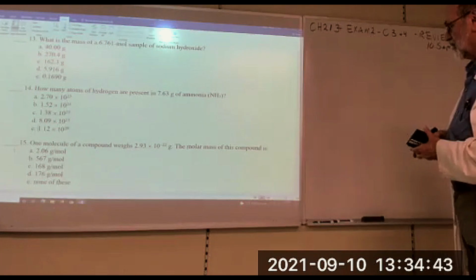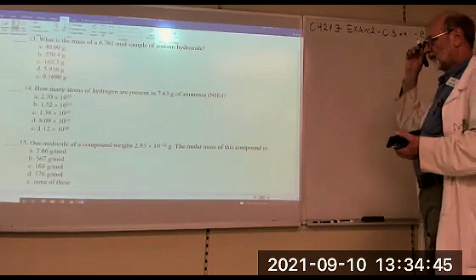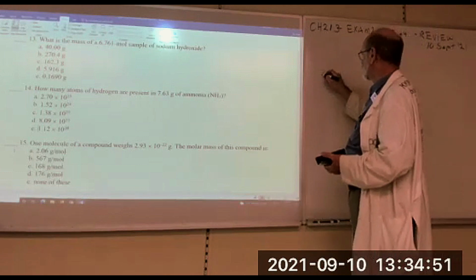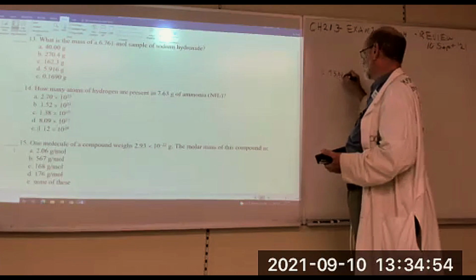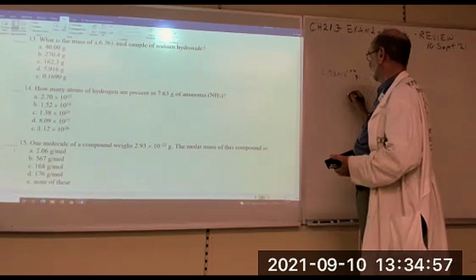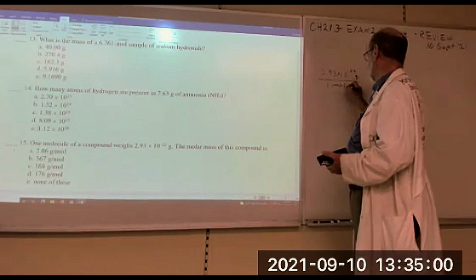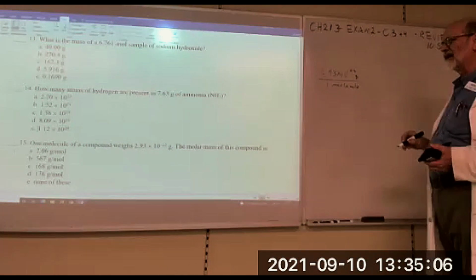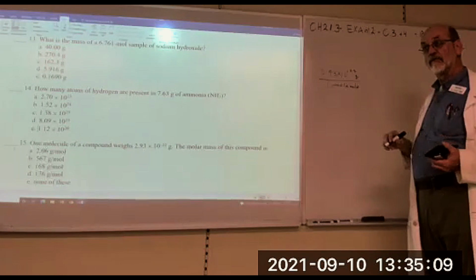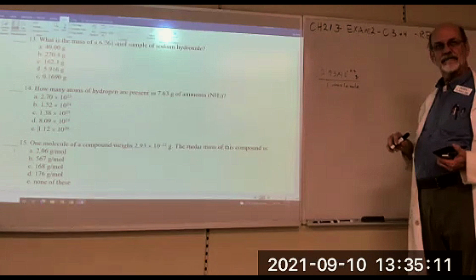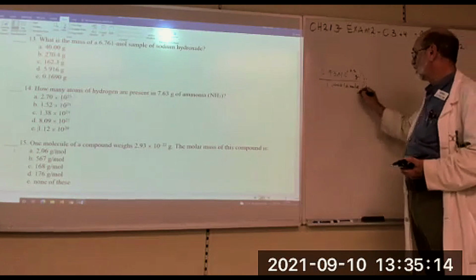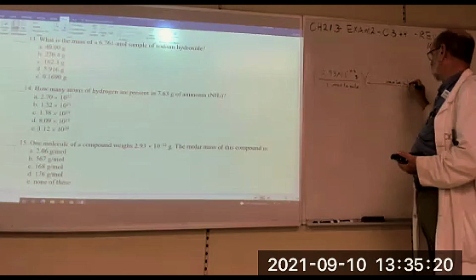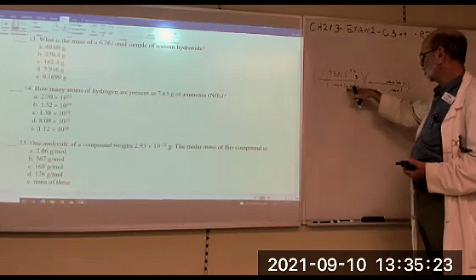Oh, this is interesting. The molar mass of this compound is... This is a practical application. One molecule of a compound weighs 2.93 times 10 to the minus 22 grams. That's one molecule. We want to know what the molar mass is. So what does that mean? The molar mass is the mass per mole. If we know the mass of one molecule, then all we have to do is convert molecules to moles, because moles needs to be in the denominator.